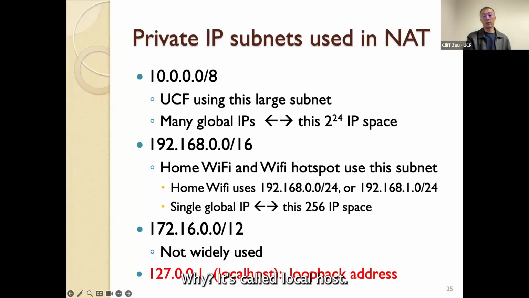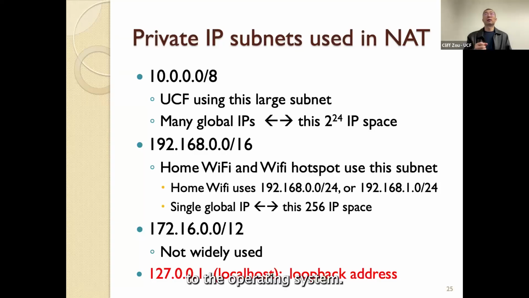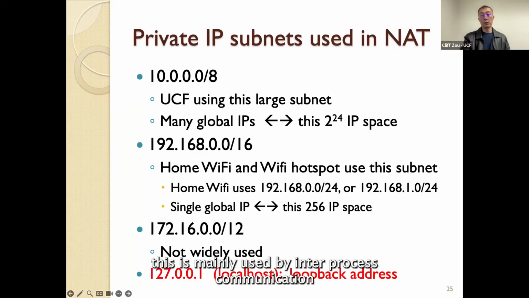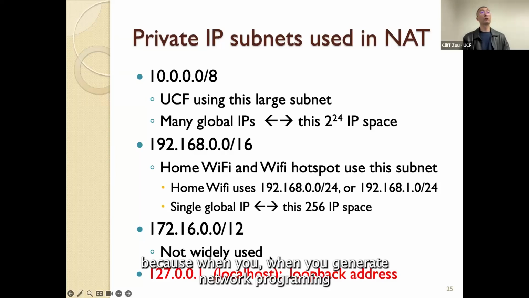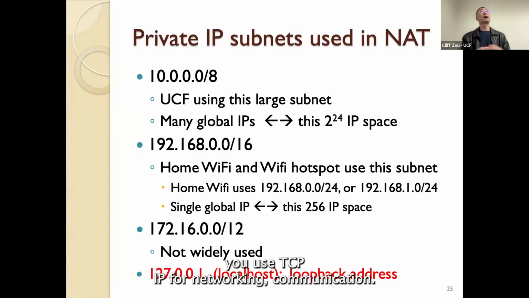127.0.0.1 is called localhost. Basically, if your networking program sends data to 127.0.0.1, the data will never go out of your computer. It will return back through the network interface card to the operating system. So this is mainly used for inter-process communication, because when you do network programming, you use TCP/IP for networking communication.